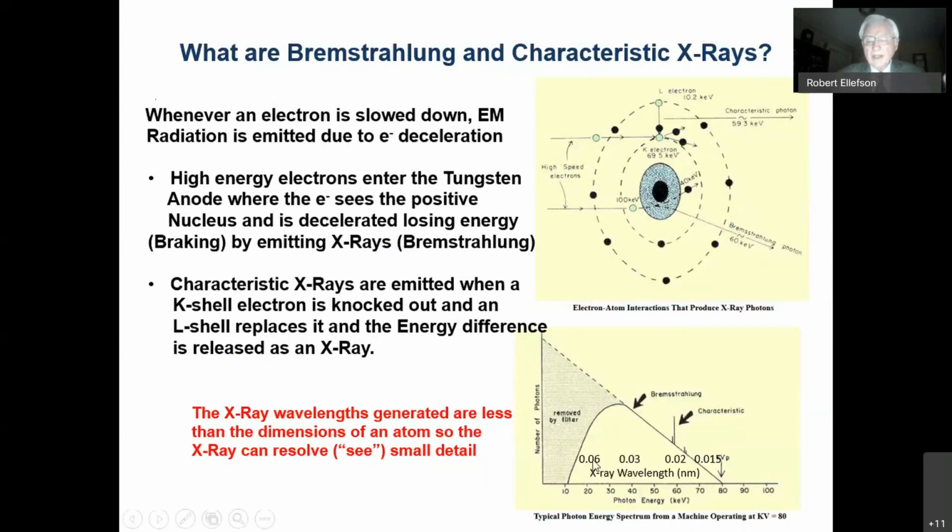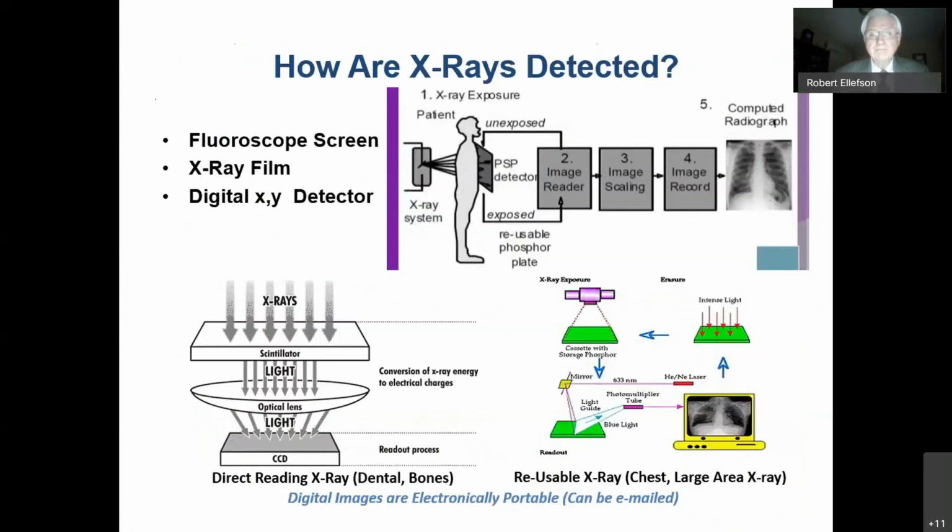Note down here the actual wavelengths of the X-rays get very short, down to something of the order of 1/10 of a nanometer, which is 1 angstrom. That's typically the size of a hydrogen atom, or 10 angstroms, like the size of any typical self-respecting molecule. The X-ray wavelengths generated are short enough to, quote, see these small details. And so that's what makes X-rays useful.